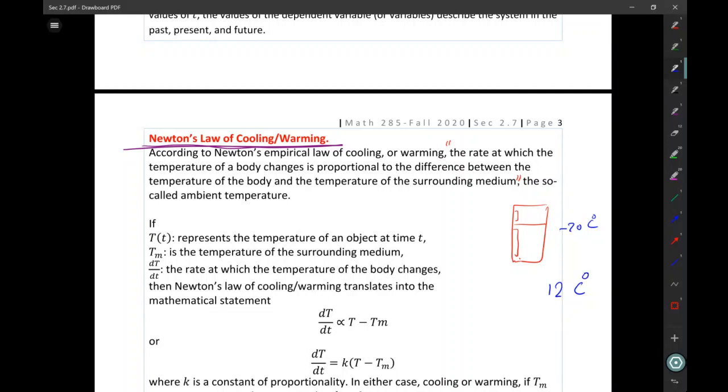If you brought this can of juice from the fridge and put it at room temperature, you will see that the temperature of the can of juice will increase and arrive at the temperature of the room, which is here 12 Celsius degrees.